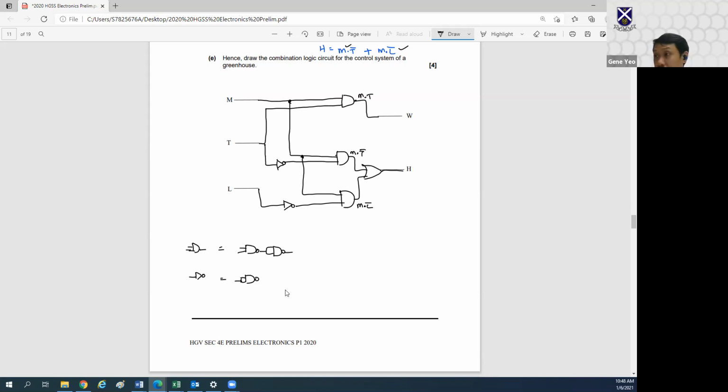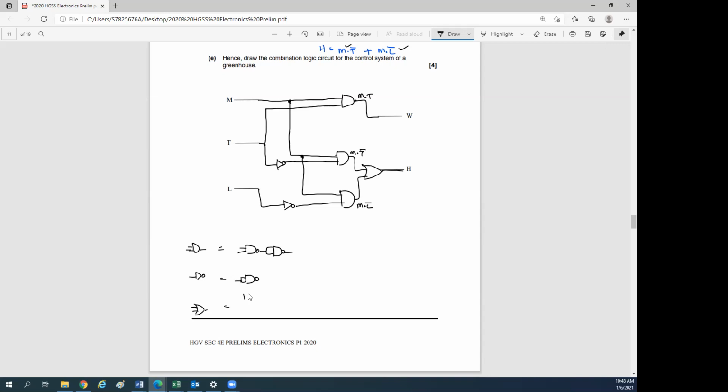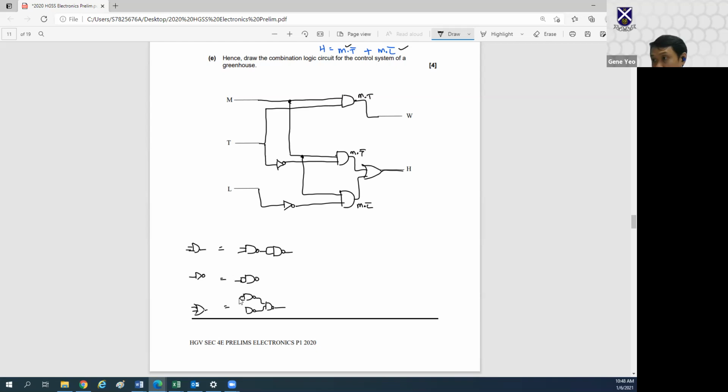And if I have an OR, okay. So we are going to use these universal gates to replace all of this.